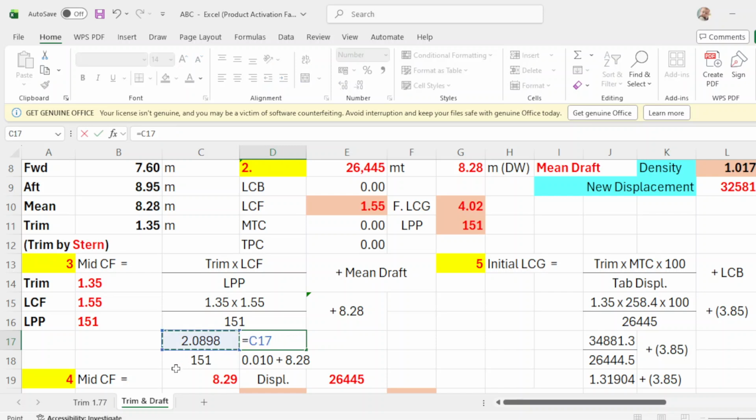This one divided by your LPP. Make this a little bit longer.